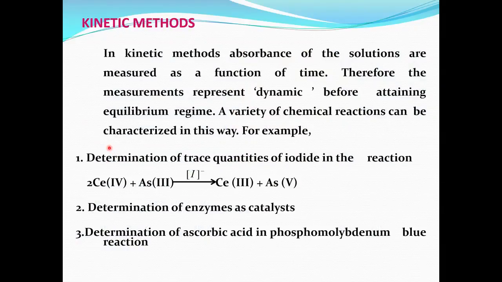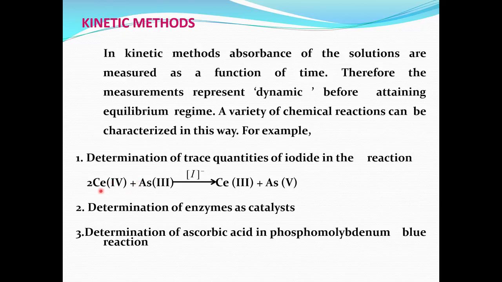Now, here you can see the determination of trace quantities of iodide in this reaction. For example, cerium 4 will react with arsenic 3. This is a catalytic reaction. Cerium 4 will get reduced to cerium 3, arsenic 3 will get oxidized to arsenic 5. This reaction proceeds in presence of iodide ion.